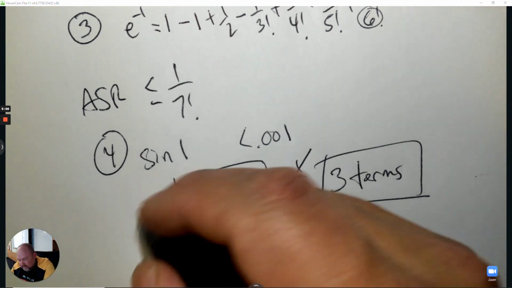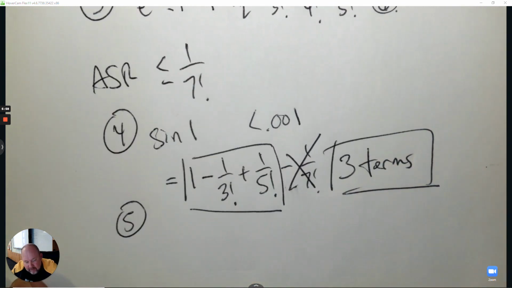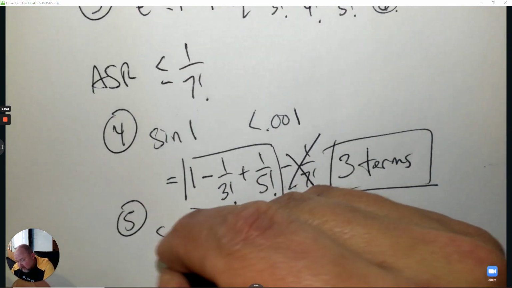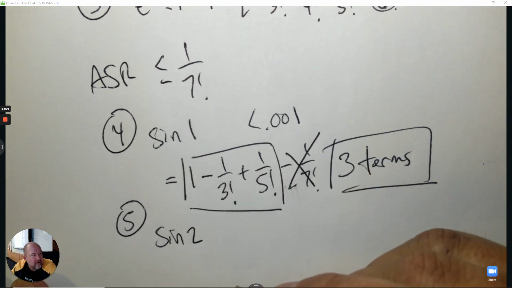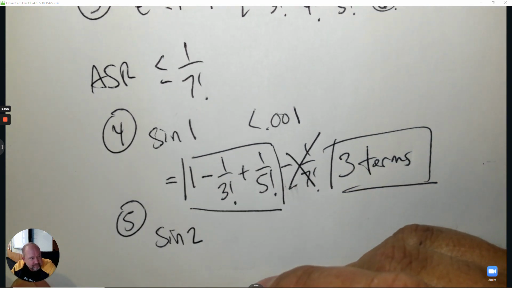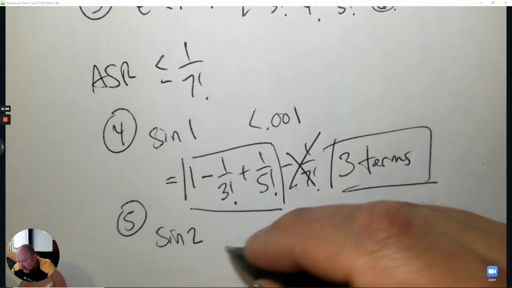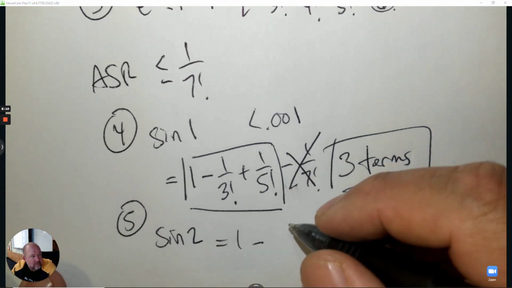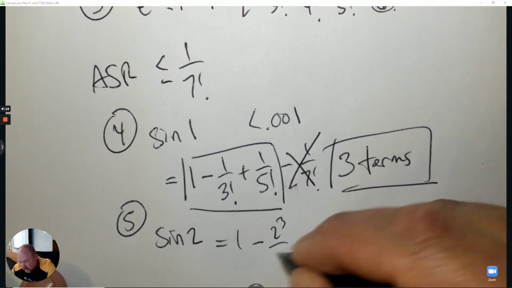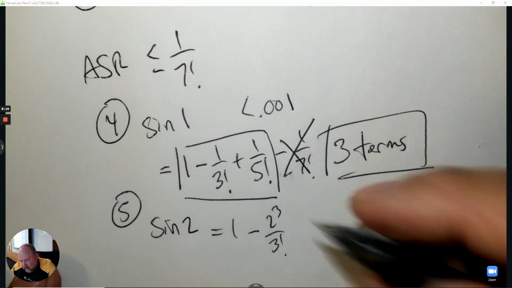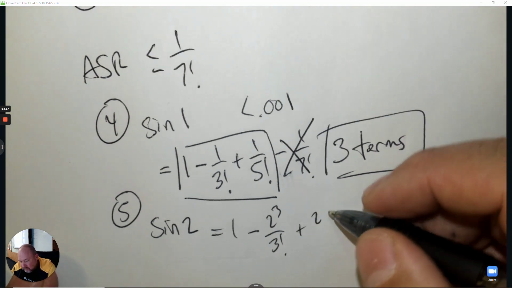Number 5. How many terms of a Maclaurin again are needed to approximate sine 2? Okay, so how would that change? The first one's still going to be 1, but then it's going to be 2, and it's going to be 2.